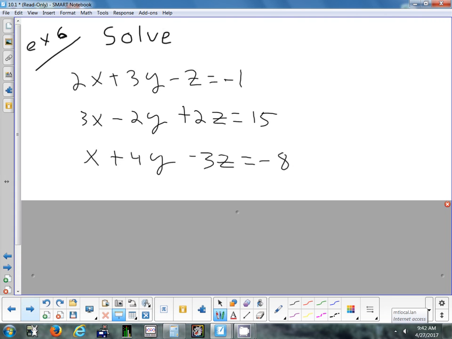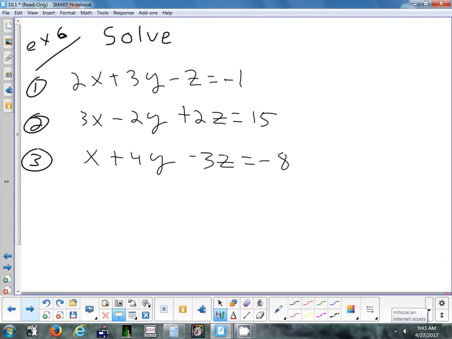All right, so let's pick two of those equations to work with. Call them equations 1, 2, and 3. Which two do you want to try to work with? One and three?